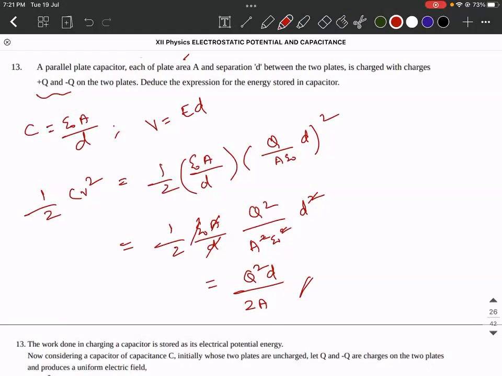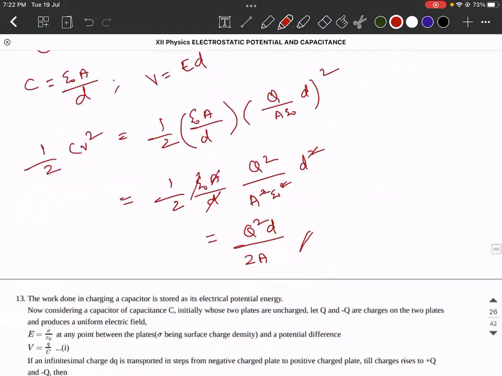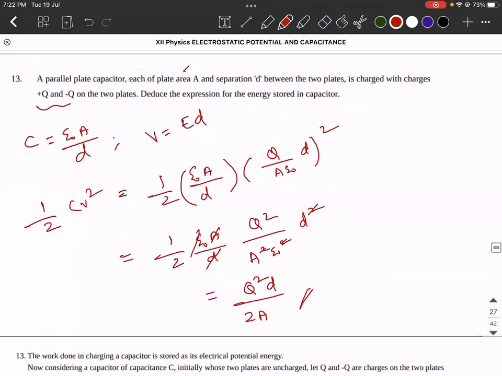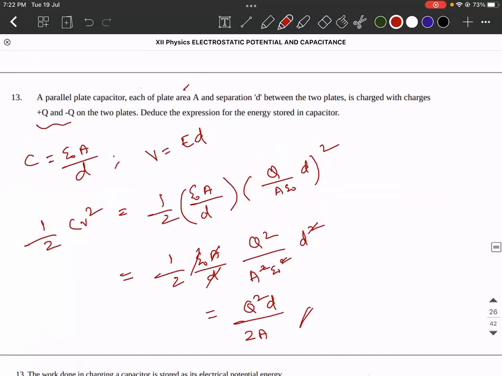There are two plates, no? Sigma by 2 epsilon naught and sigma by 2 epsilon naught. So Q square D divided by 2A epsilon naught should actually be the answer. They have done something else; V is not even there. So actually what I wrote is the right answer. Because whenever a derivation is asked, you should always write it in terms of what is given in the question. Copy it.